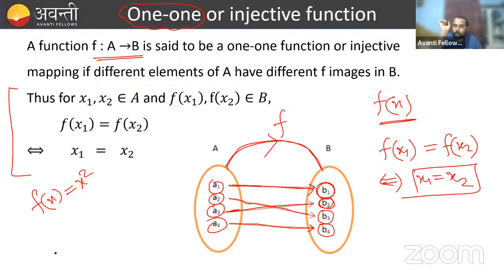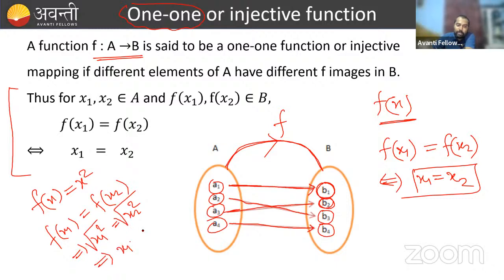Can you tell me, f of x is equal to x square, is it 1-1? Not 1-1. Why is it not 1-1? If we take f of x1 is equal to f of x2, we get x1 square is equal to x2 square. If we take the square root on both sides, then we get x1 is equal to x2. Why is it not 1-1? No, it is not 1-1.